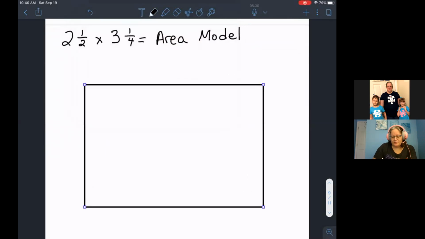All right, so the first number we're going to do across this way. We've got the 2.5. What we need to do is we know it's more than 2 but less than 3. So we're going to draw 3 even columns. I'll show you. So we're going to do 1, 2, and 3.